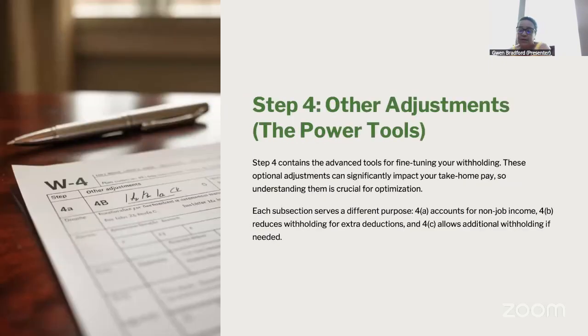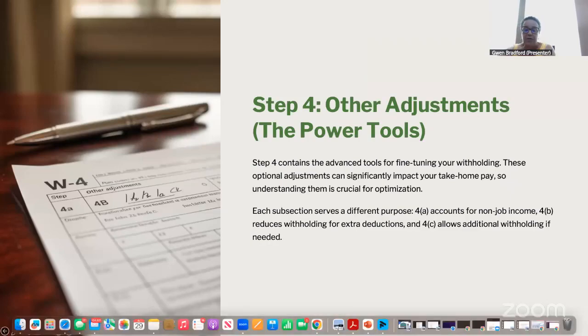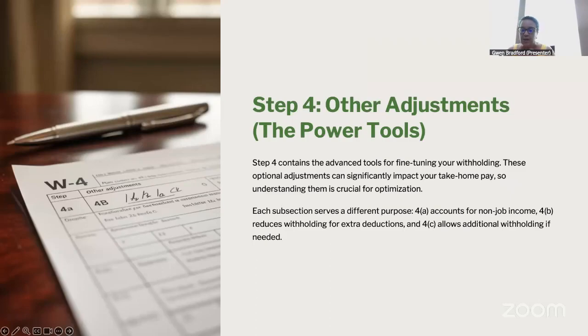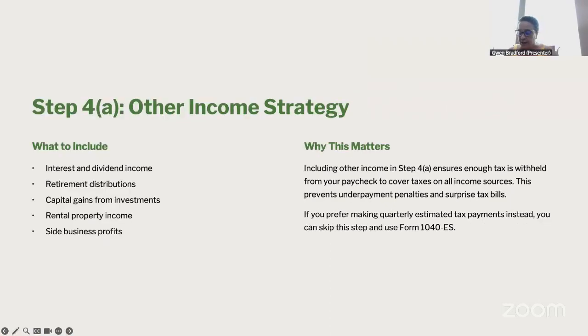Now, what you would complete on step 4 is any other income that you receive. So you're going to add your interest and dividend income, any retirement, any capital gains, money you receive from your rental property, and any money you receive from a side business profit.